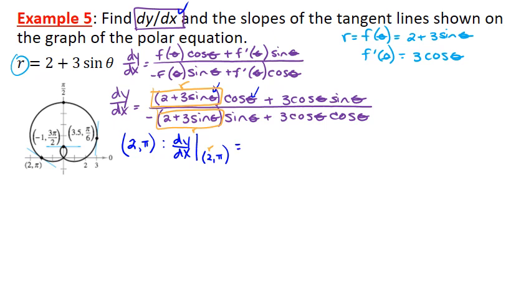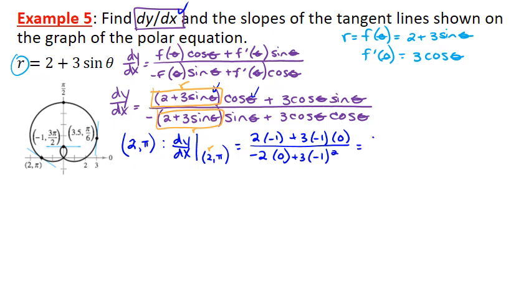So we end up with 2 times negative 1, because cosine of pi is negative 1, plus 3 times negative 1 times 0, because sine of pi is 0. Again, refer to your unit circle if needed. In the denominator we end up having negative 2 times 0, because sine of pi is 0, plus 3 times negative 1 squared.